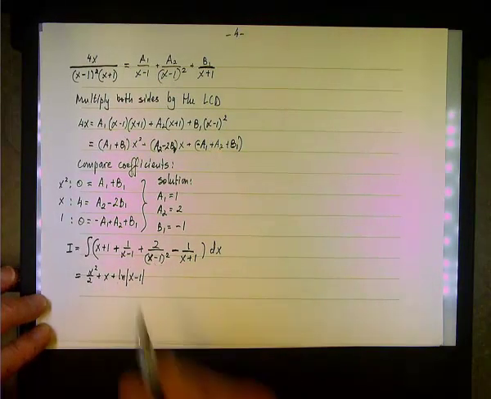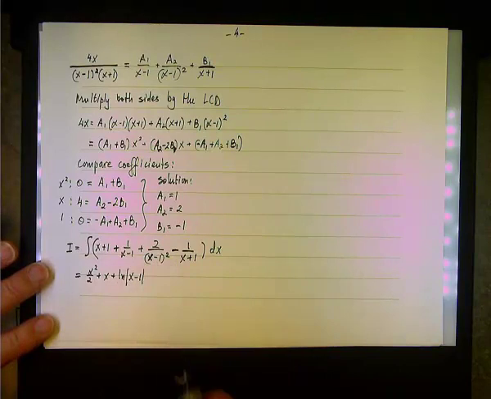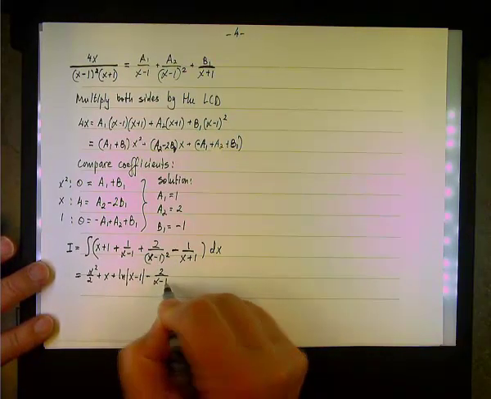Make x minus 1 equal u. So you have the integral of 2 over u squared dx, okay? So it's u to the negative 2. The antiderivative will be negative u to the negative 1, or negative 1 over u, or negative 1 over x minus 1, right? But we have the 2, so we have minus 2 over x minus 1.